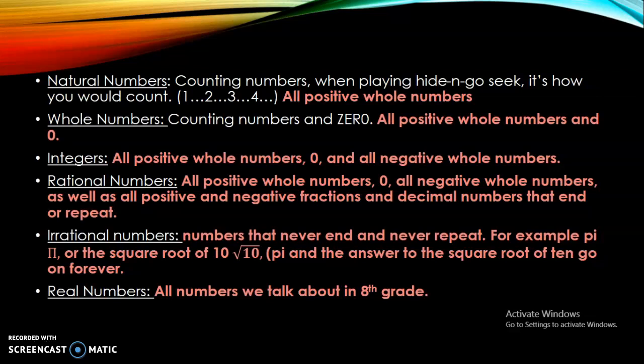Integers are all positive whole numbers, 0, and all negative whole numbers. If you notice, natural numbers are all positive whole numbers. Then whole numbers are all positive whole numbers and 0. Now at integers, we're adding on all negative whole numbers. So we're adding a little something to the definition each time.